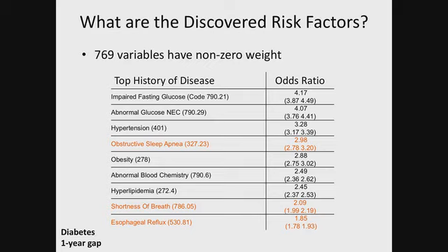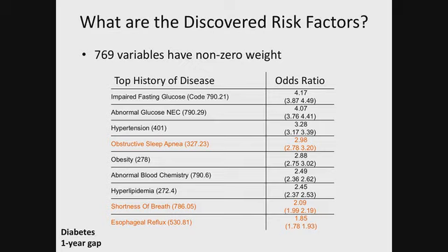But there are also many things that are a little bit less obvious. For example, here we see obstructive sleep apnea and esophageal reflux as being chosen by the model to be predictive of the patient developing type 2 diabetes. What we conjecture is that those variables act as surrogates for the patient being obese, because obesity is very seldom coded in commercial health insurance claims.